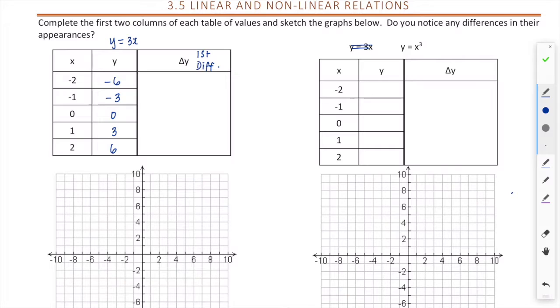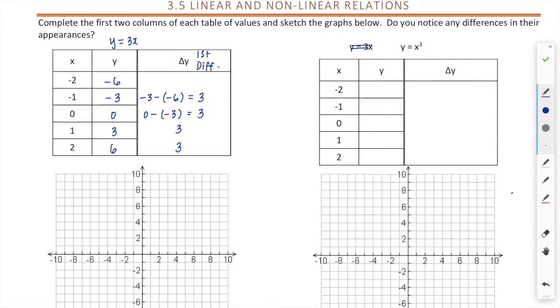So we start from the second row. We take negative 3, subtract the previous row, negative 6. This is really negative 3 plus 6, so that's 3, correct? Okay, one more. 0 minus negative 3. This is 3 again. The next first difference, 3 minus 0 is 3. 6 minus 3 is 3.